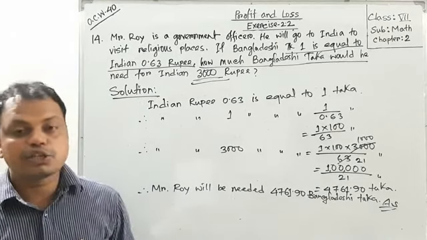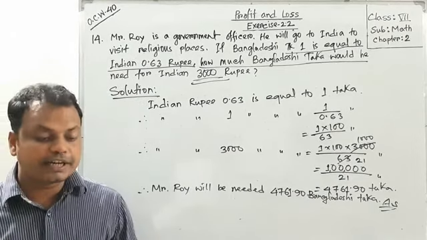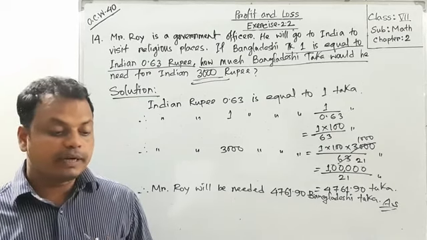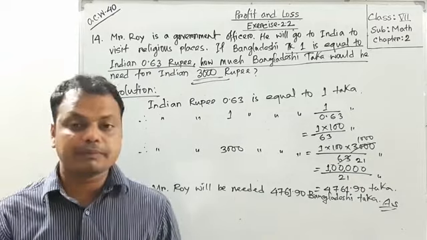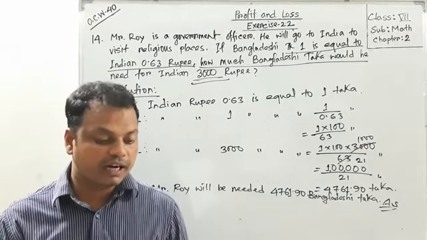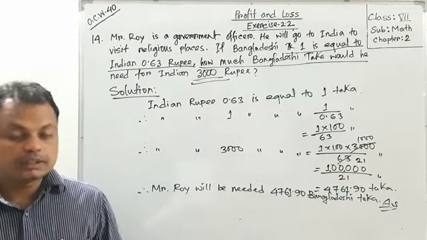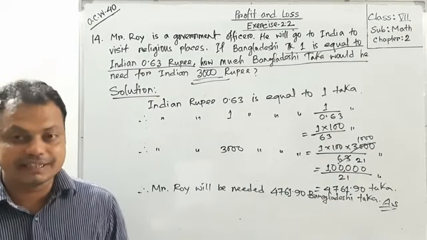Then he has to pay the VAT. And what is the rate of VAT? VAT is taka 4 per 100. So for per 100 taka he has to pay 4. So we'll write VAT for taka 100 is 4. Then for 1 it will be reduced, 4 divided by 100.